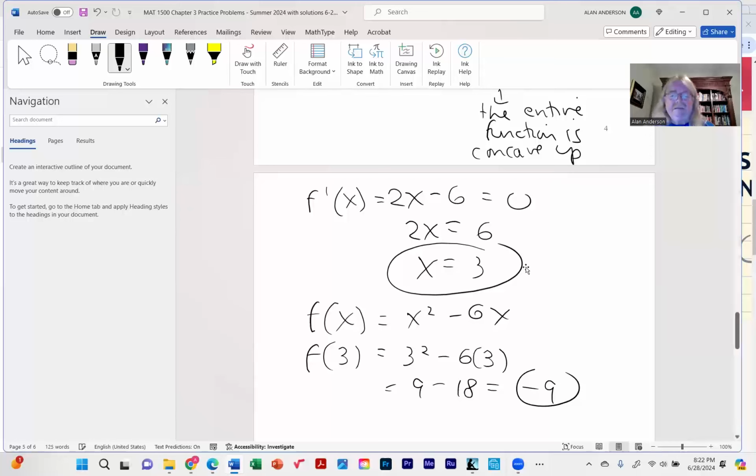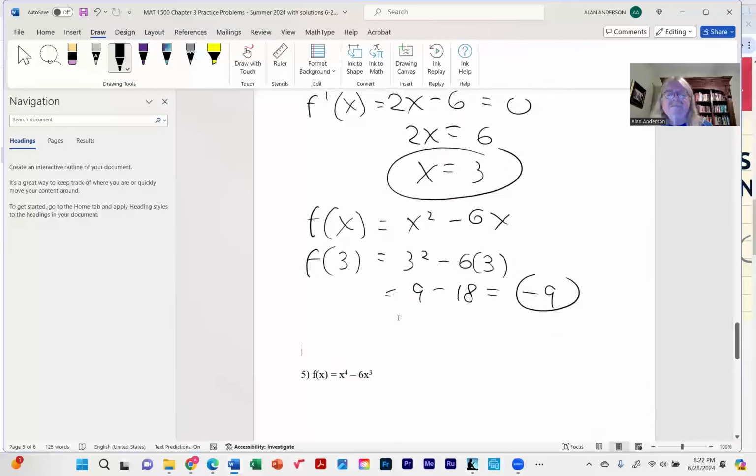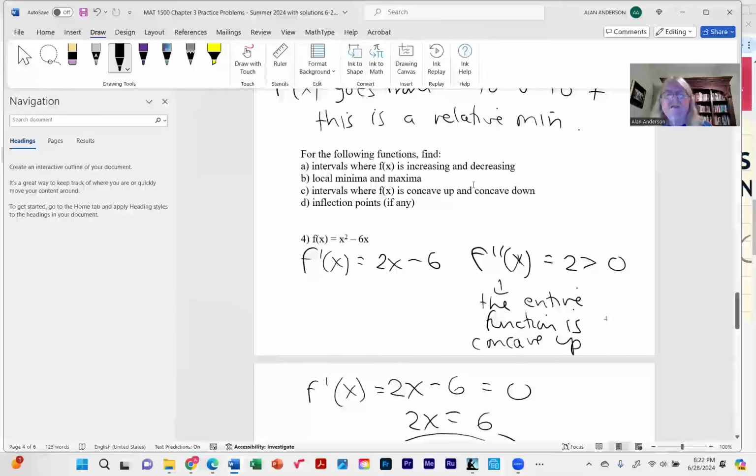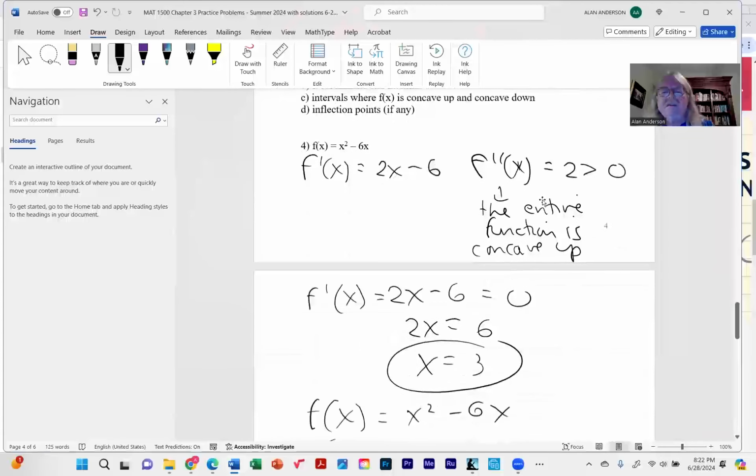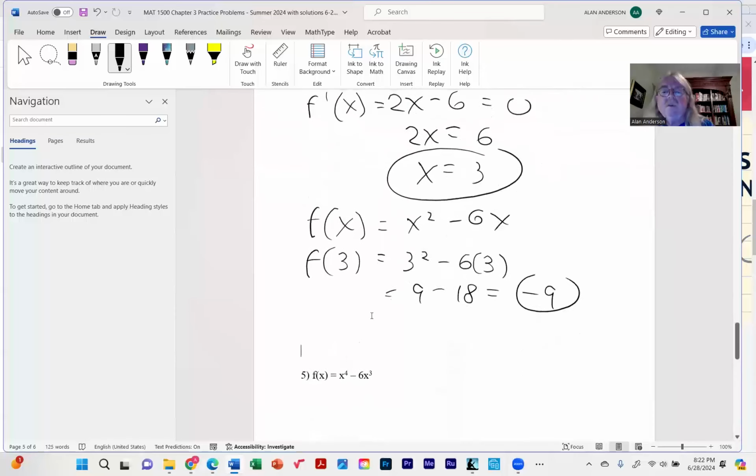All right, now we can check the intervals where it's increasing and decreasing. We can just simply look at the first derivative on either side. Now, it's already clear that there's only a single critical point.